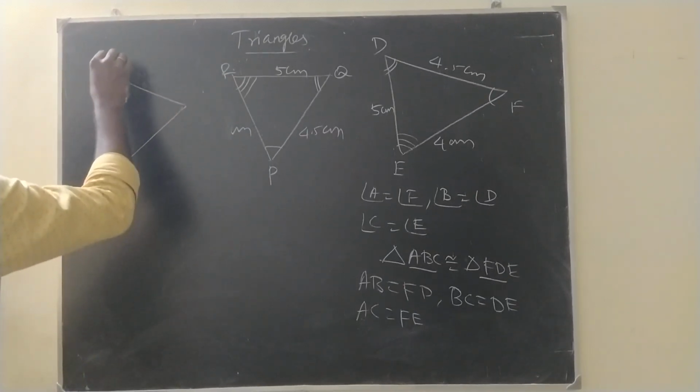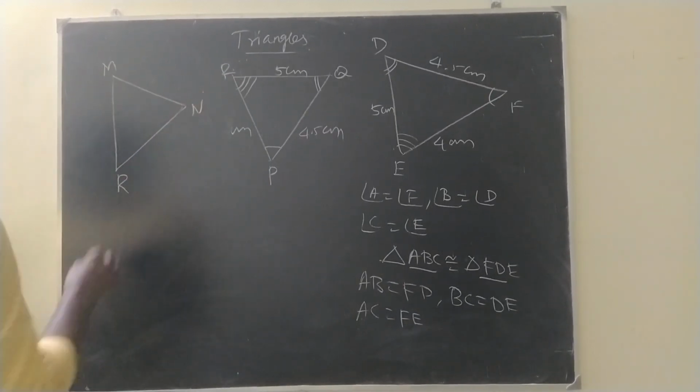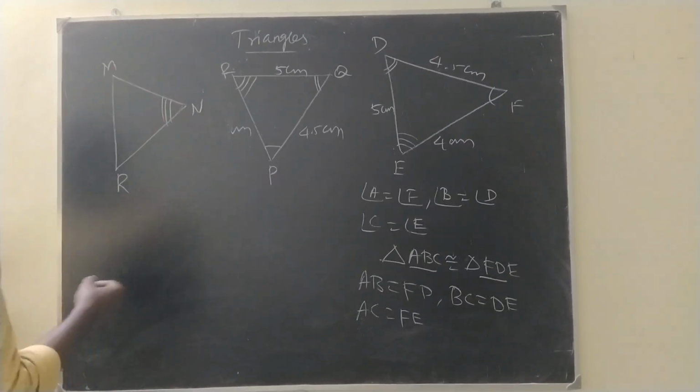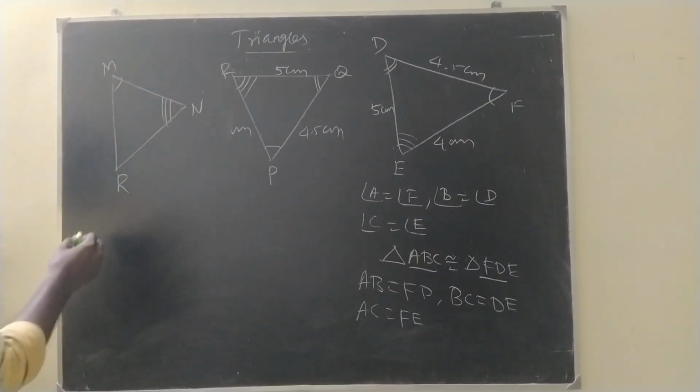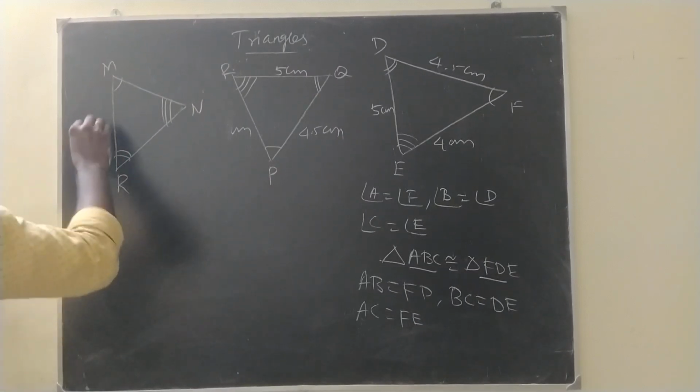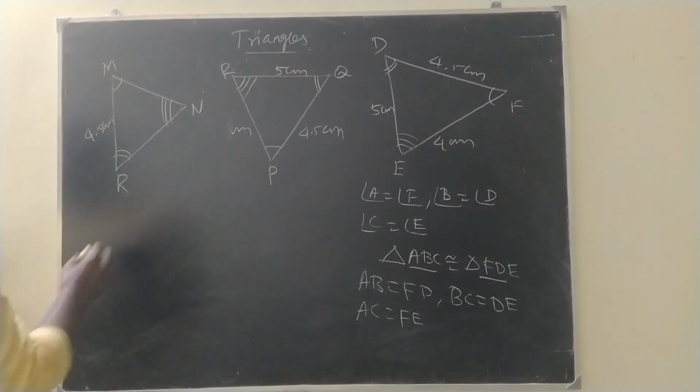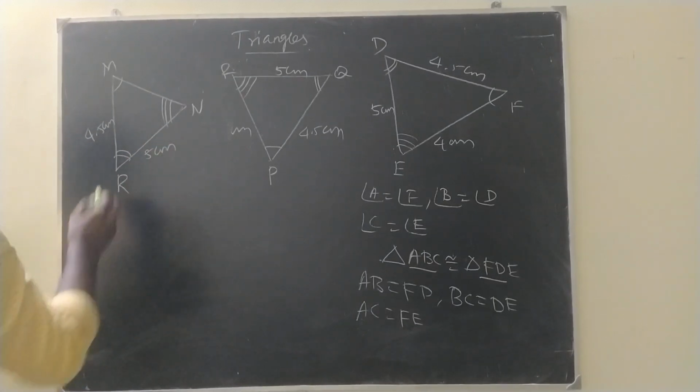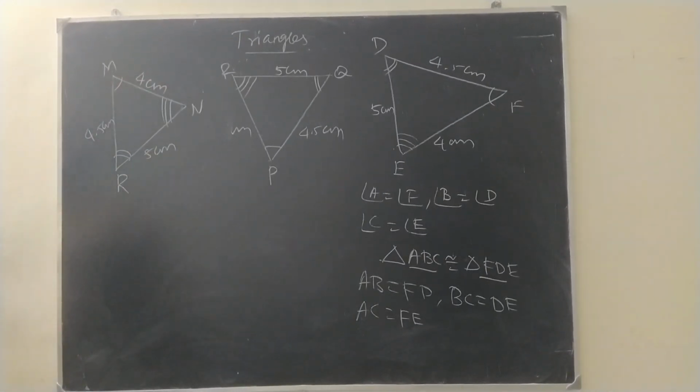The triangle MNR, N is 3 lines, M 1 line, R is 2 lines, 4.5 centimeter here, 5 centimeter there, 4 centimeter. Now check whether this triangle PQR is congruent to this or not. If so, how will you denote it?